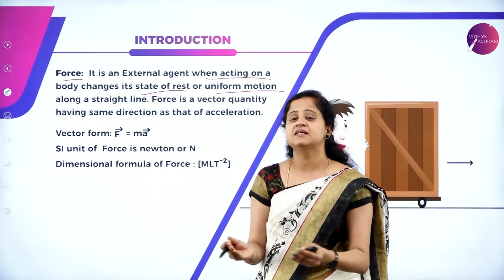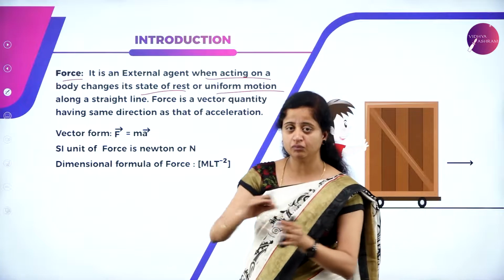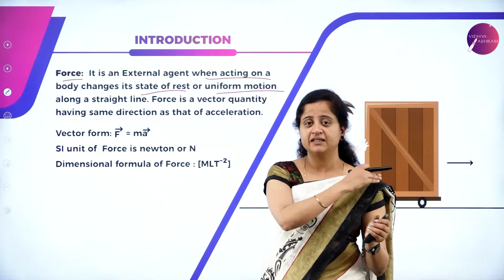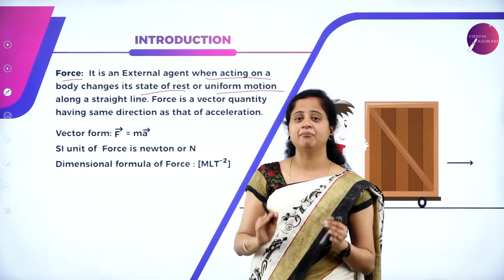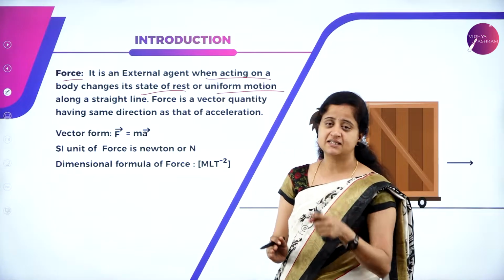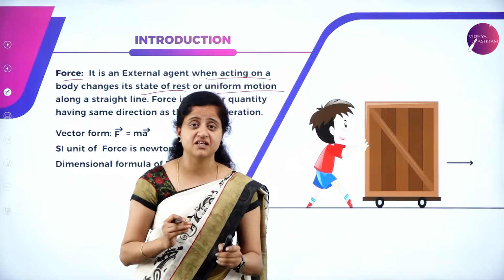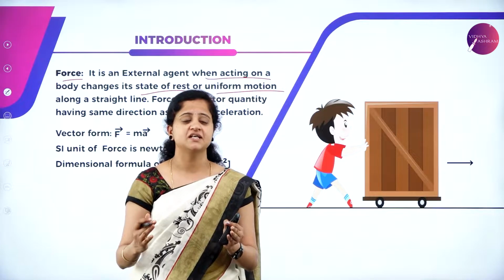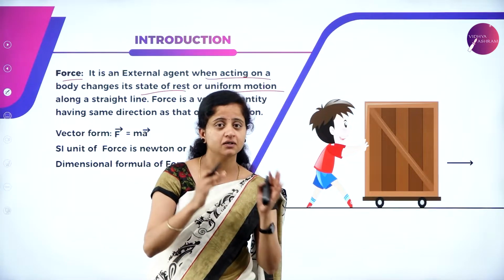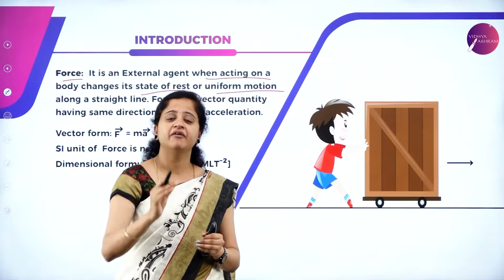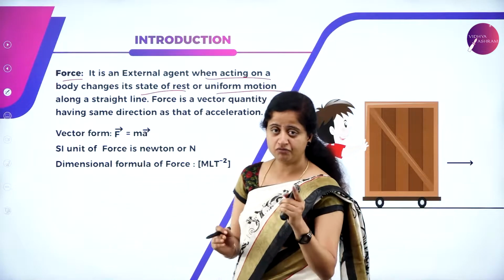Similarly, if a ball is at rest, if we want it to move, what do we do? We will kick the ball or throw the ball by applying external force. Yes, to change the state of a body from rest to motion or from motion to rest, we have to apply external force.